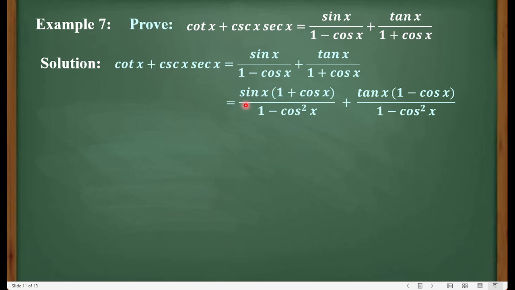So this is the new fraction, which is equivalent to this one. Then the same denominator divided by 1 plus cosine of x. What will remain is 1 minus cosine of x times tangent of x. So this is the numerator.